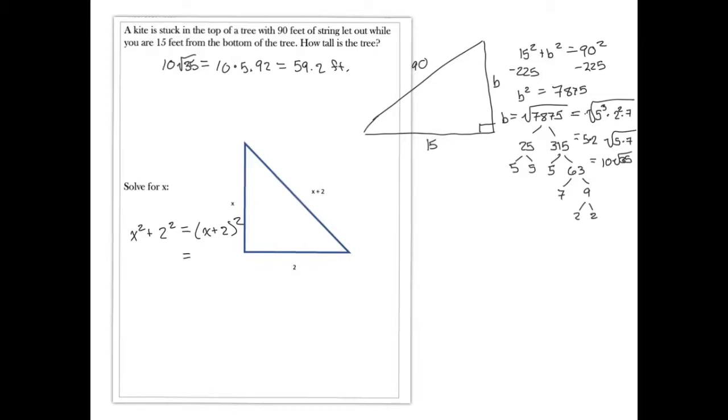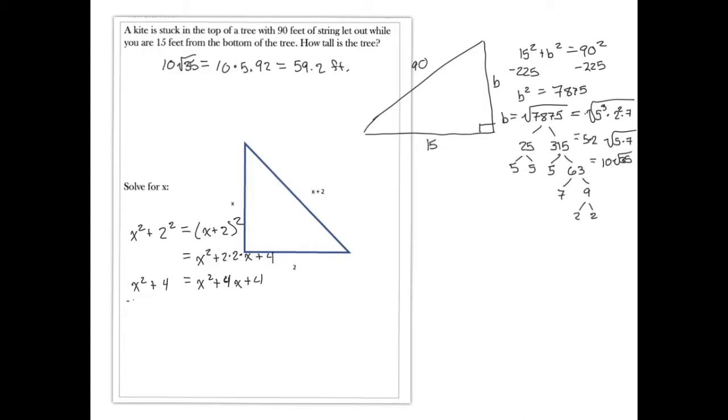So that ends up being the first term squared plus 2 times the first number times the second number, so times 2 times x, plus the second number squared, so 4. So this is equal to x squared plus 4x plus 4. And then we have x squared plus 4.